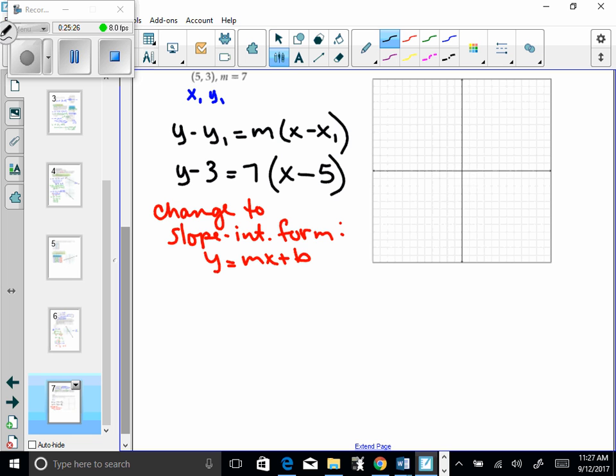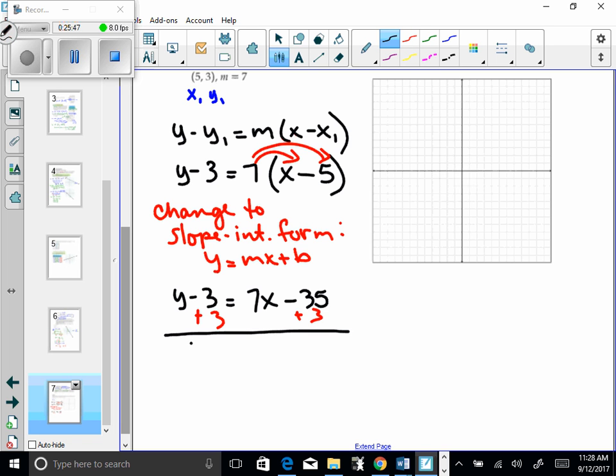So I'm going to go back to the equation I have, y minus 3, and I can distribute the 7. So I don't have any parentheses in the slope-intercept form. So that's 7x minus 35. And I'm almost done. I'm going to add 3 to get the y by itself. y equals 7x minus 32.